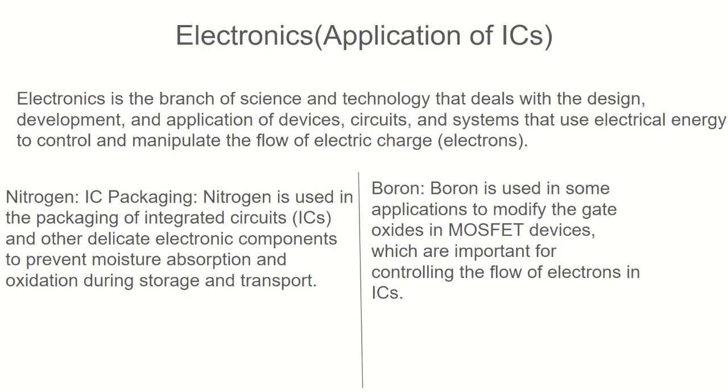Nitrogen can be used for IC packaging of integrated circuits and other delicate electronic components to prevent moisture. Then boron is used in some applications to modify the gate oxides in MOSFET devices, which are important for controlling the flow of electrons. So as you can see, semiconductors are pretty important for electrical circuits.